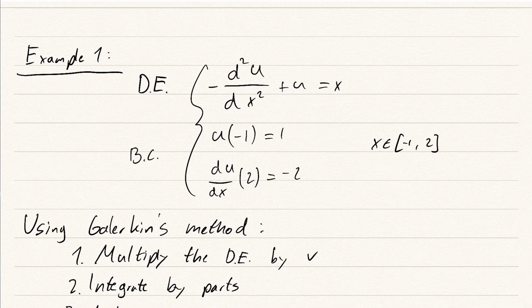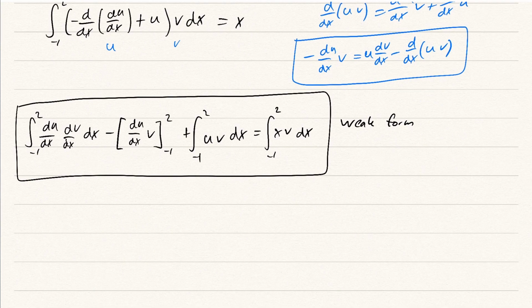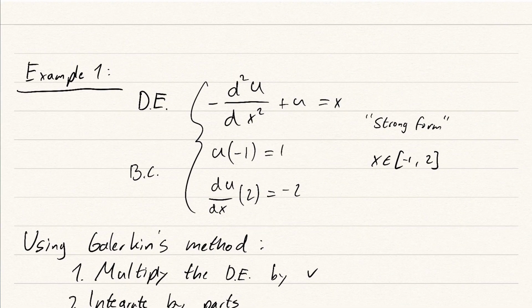The strong form holds pointwise, but these equations hold on average. Between -1 and 2 this is valid, but the strong form is valid in every point in this region.